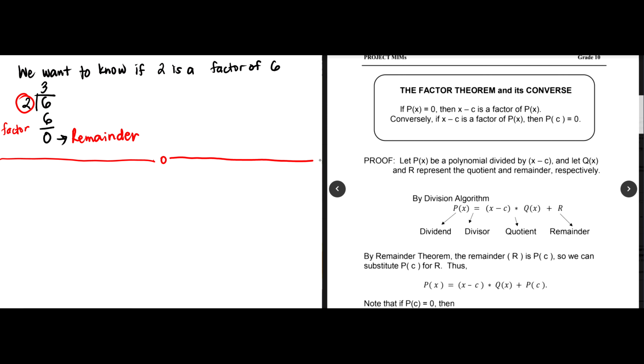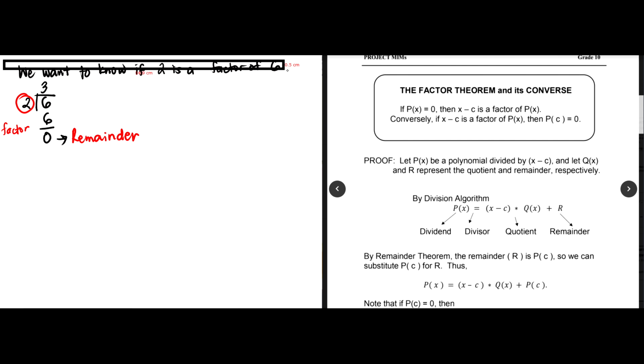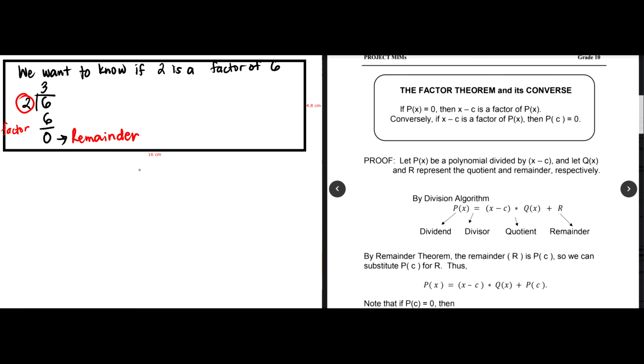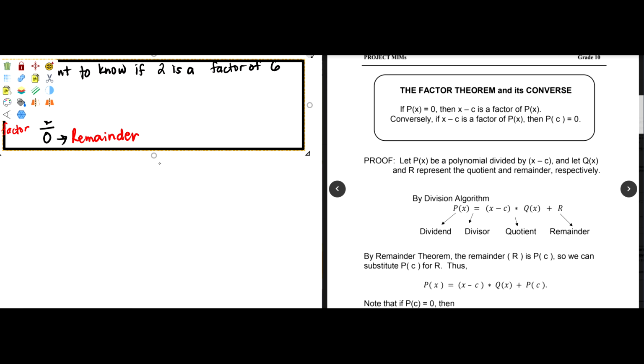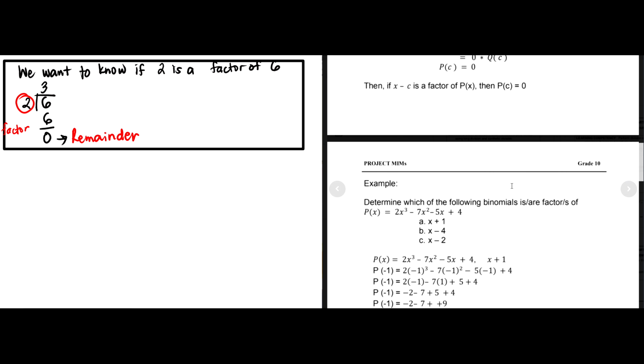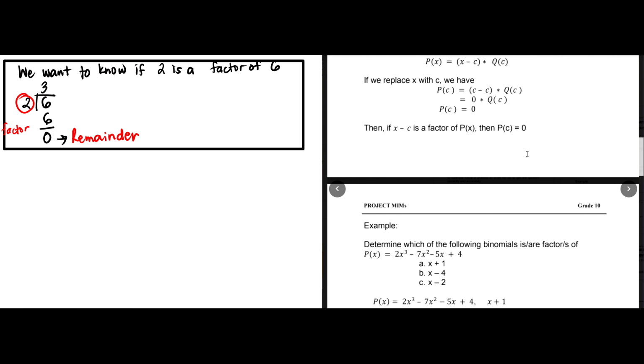So let's go to polynomials. This is what we base it on. Next, let's make another polynomial and try the given one in this lesson. Determine which of the following binomials are factors of 2x cubed minus 7x squared minus 5x plus 7.